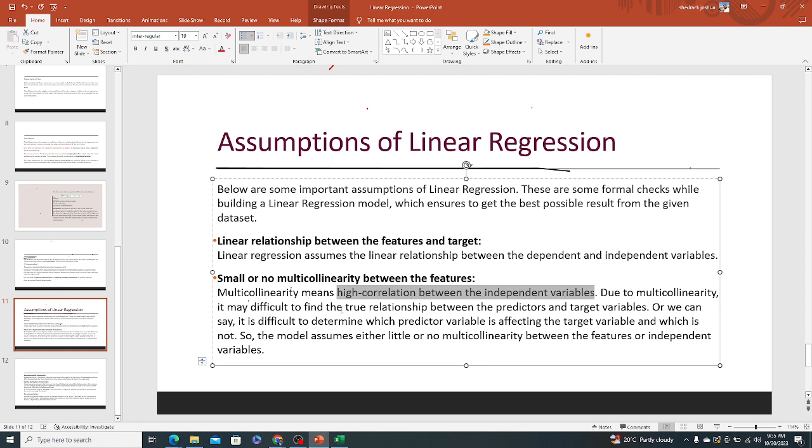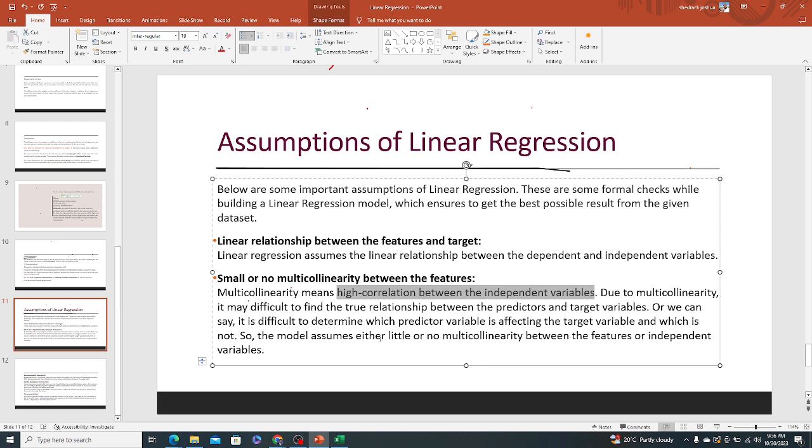Due to multicollinearity, it may be difficult to find the true relationship between the predictors and the target variable. Or we can say it is difficult to determine which predictor variable is affecting the target variable, and which is not.